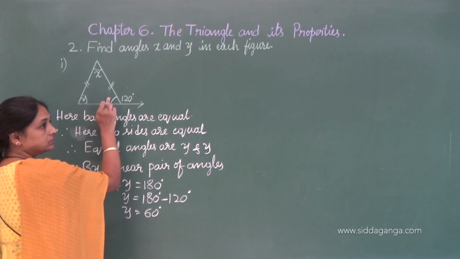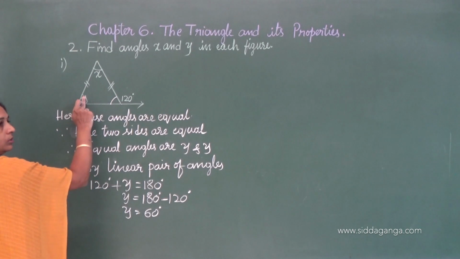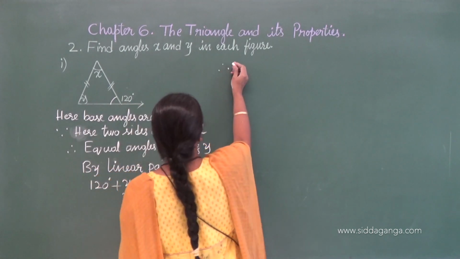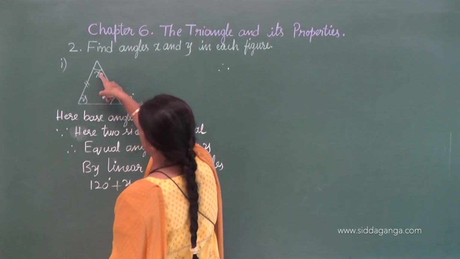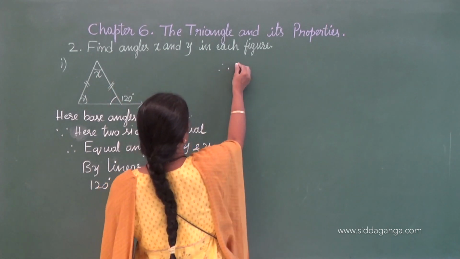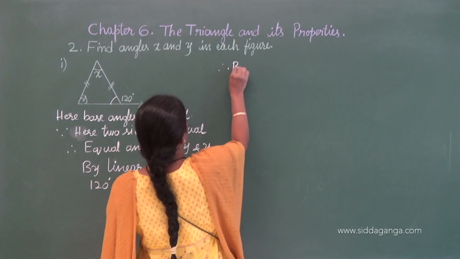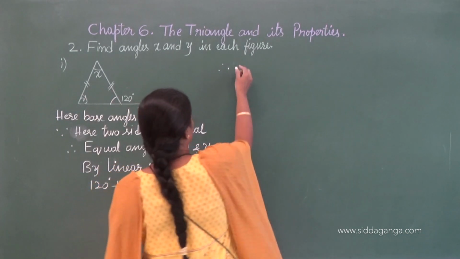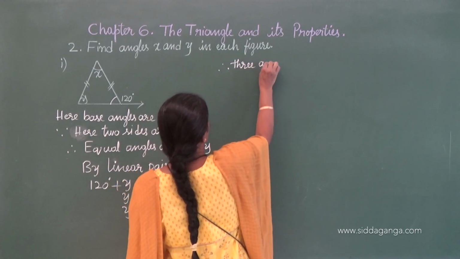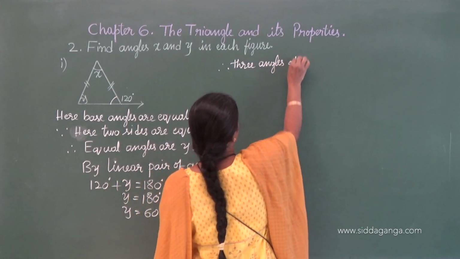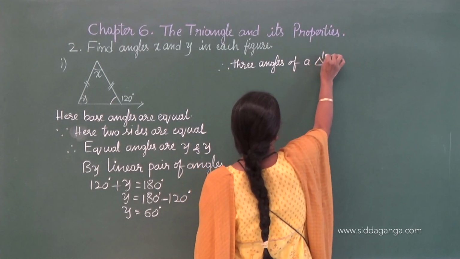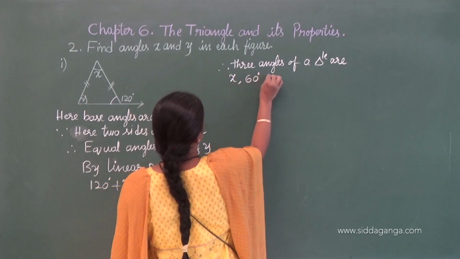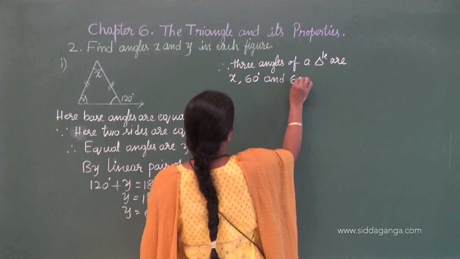Then we found the value of y here, and it is also equal to this base angle, that is also y. Therefore we can find the value of x. Therefore three angles of triangle are x, 60 degree and 60 degree.